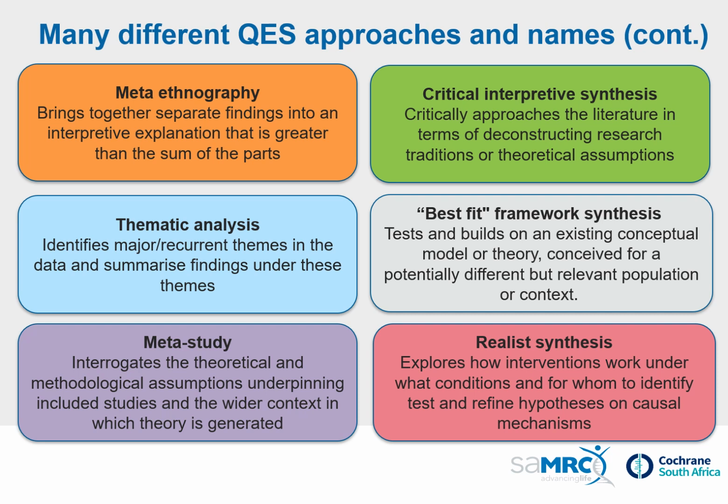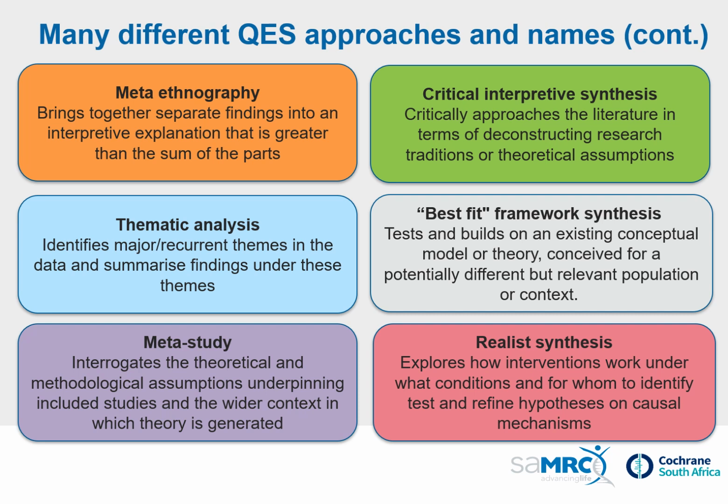This approach is really about looking critically at and problematizing, if you like, the literature. We have thematic analysis, which you might have heard of, a very common one, and this focuses on identifying major or recurrent themes in the data and summarizes these findings under these themes. So kind of a summary of findings.